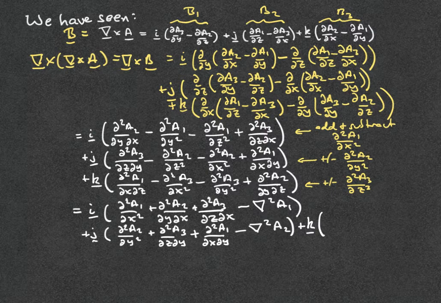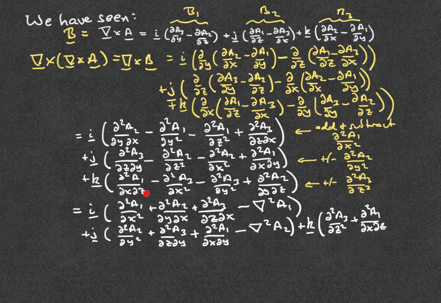In the k direction, we're going to get three positive terms, this, and this, which I will write down first. So that's d2a3 dz squared plus d2a1 dx dz.